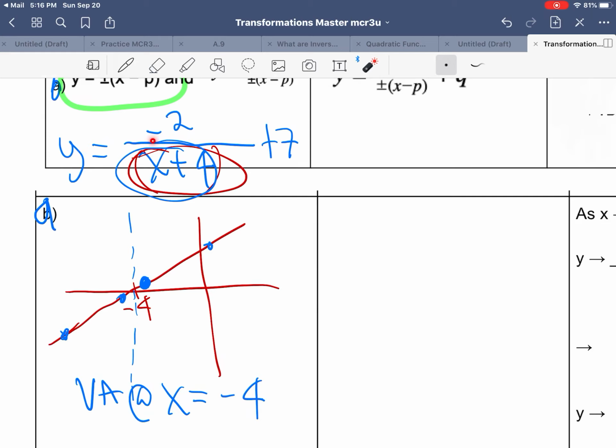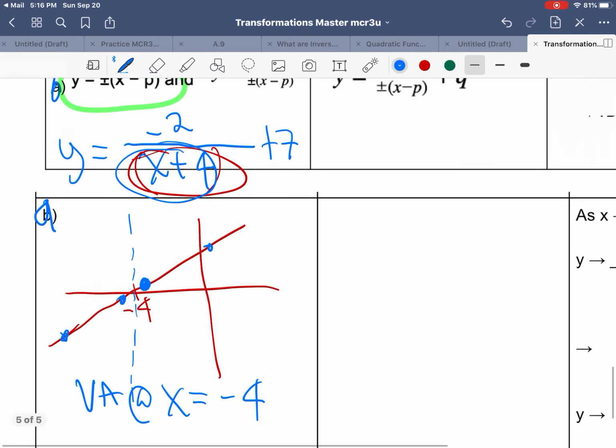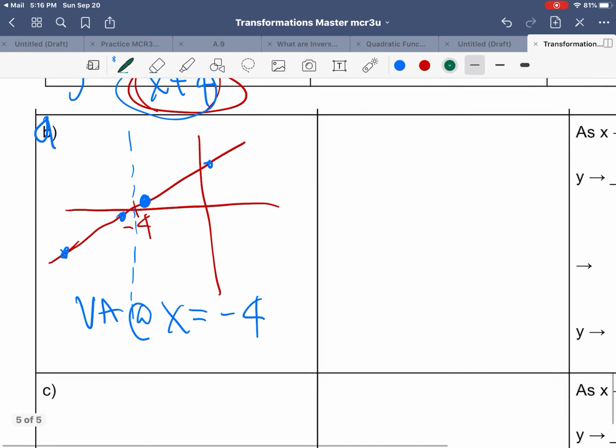So I'm taking negative 2 and dividing by a really small positive. A really small positive will go into negative 2 a very large negative number of times. So this one reflects vertically, and that's going to be right there.